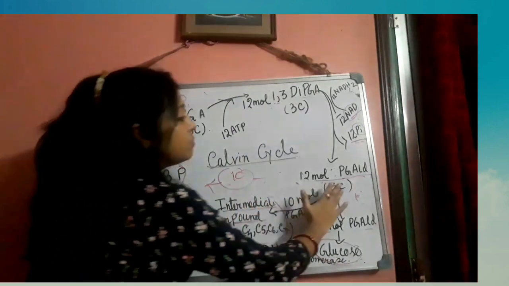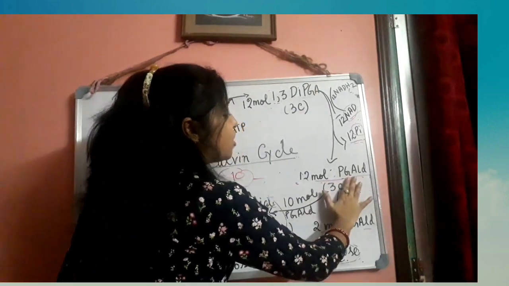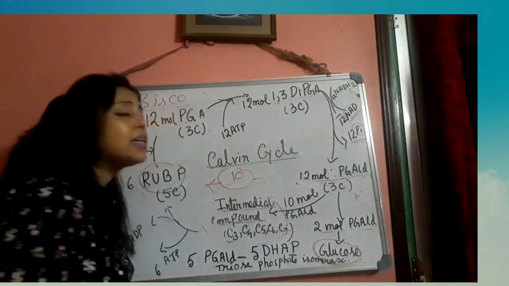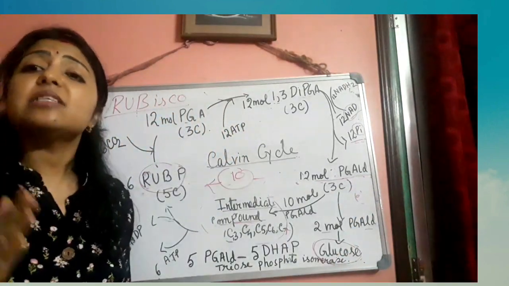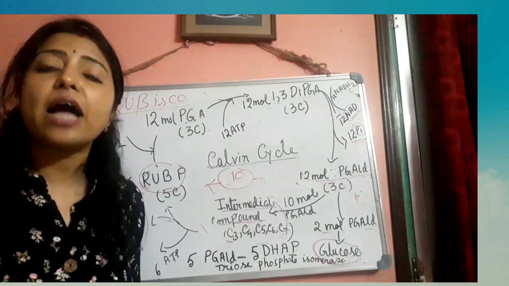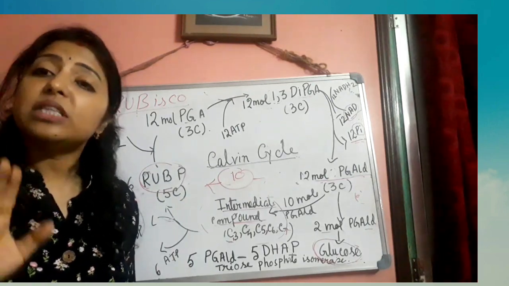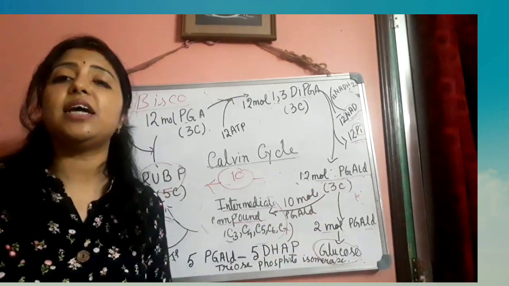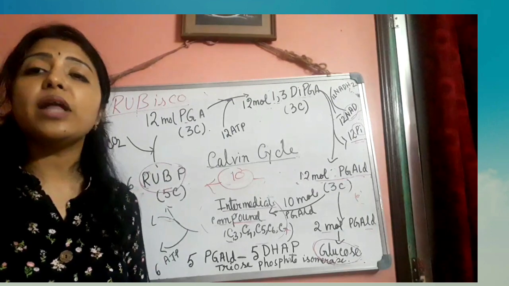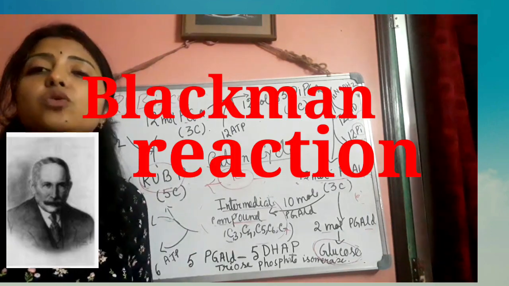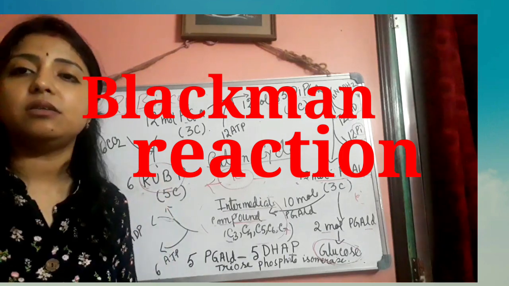Again I am telling, the synthesis of glucose from phosphoglyceraldehyde was first explained by one scientist, that is Blackman, not Calvin. So this reaction, synthesis of glucose from phosphoglyceraldehyde, according to the name of the scientist Blackman, is known as Blackman reaction.